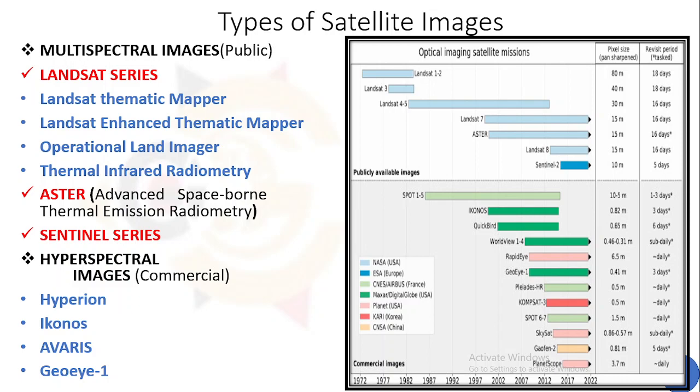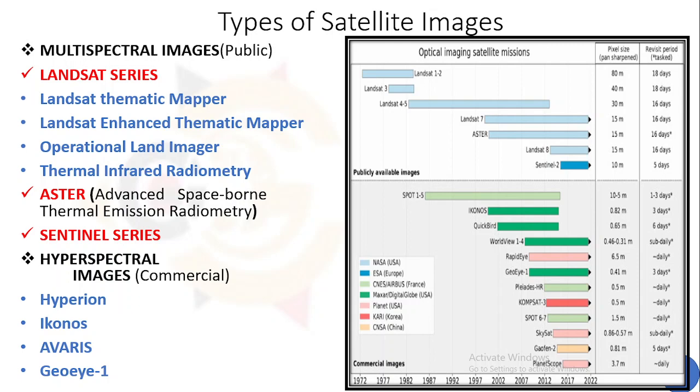The hyperspectral images are commercial, so you have to pay huge sums of money to consultants or to companies that are well versed in using the hyperspectral technology to capture the images for you. For the hyperspectral, we have the Hyperion, we have the Ikonos, AVIRIS, and many others.